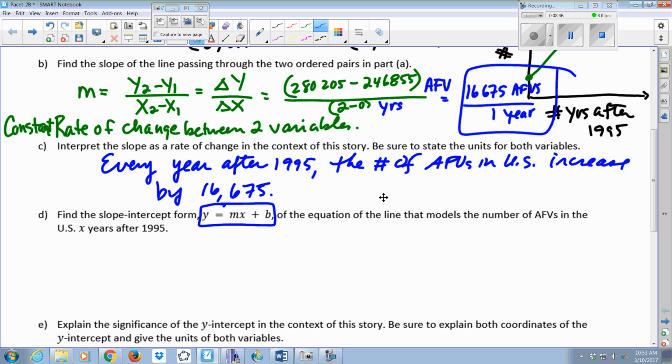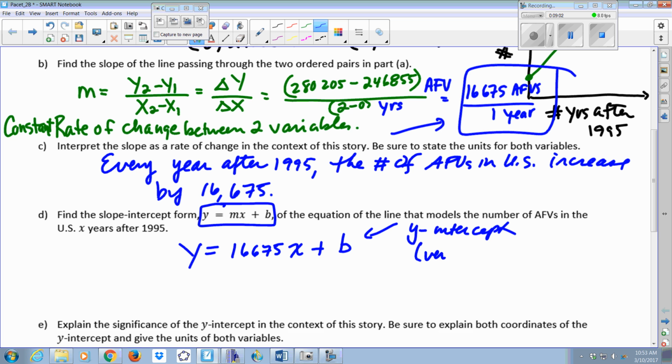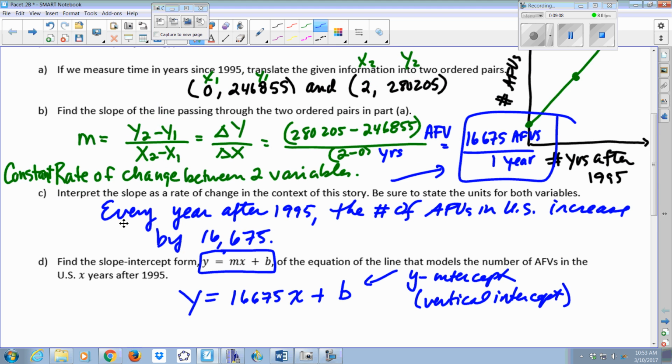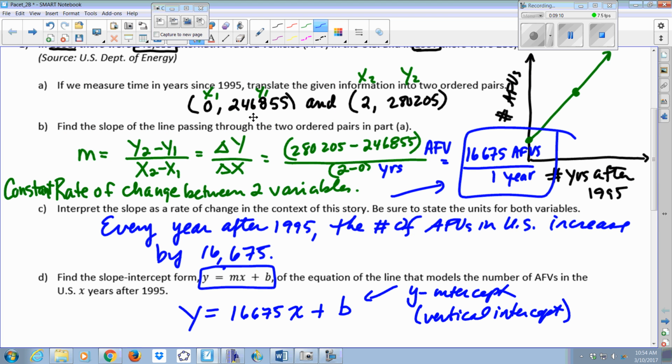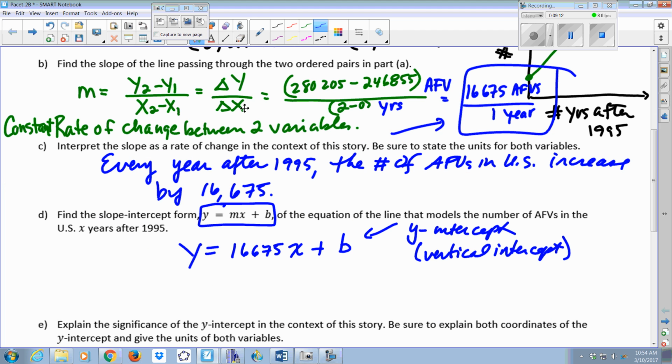So in this case, we know what the slope is. It's right here. And so it's 16,675 times x plus b, where b is your y-intercept or your vertical intercept, whatever happens to be the variable on your vertical axis. So in this case, we lucked out because one of our points was the y-intercept, so we don't have to do any more work.